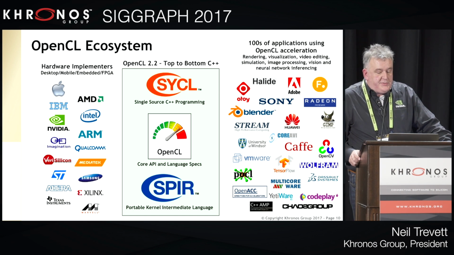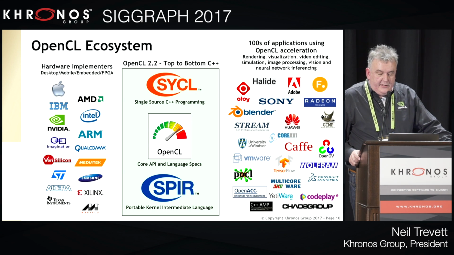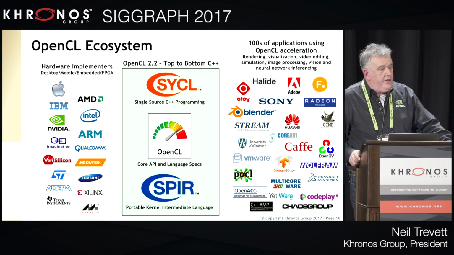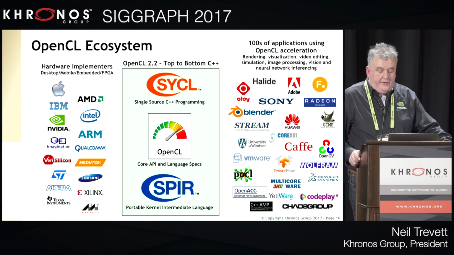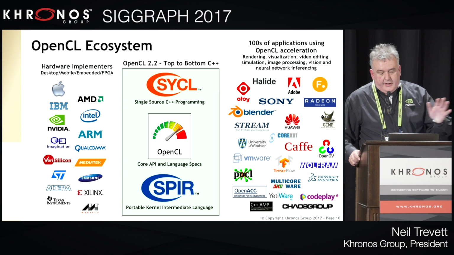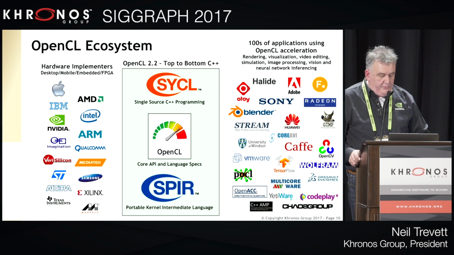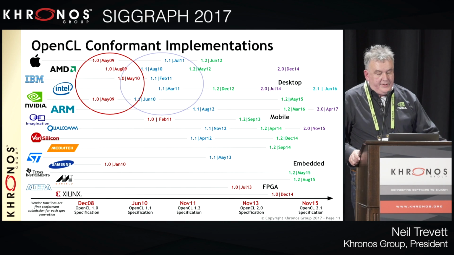Halide, an image processing library, Otoy, high-end rendering, all the Sony Creative Suite, Mathematica. A lot of the TensorFlow, Caffe, the neural net training frameworks, OpenCV, it kind of goes on and on. We have a bunch of stuff that's now using OpenCL, primarily on the desktop.